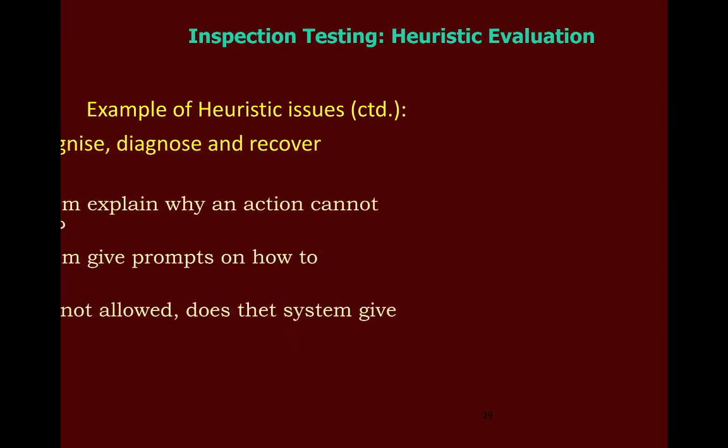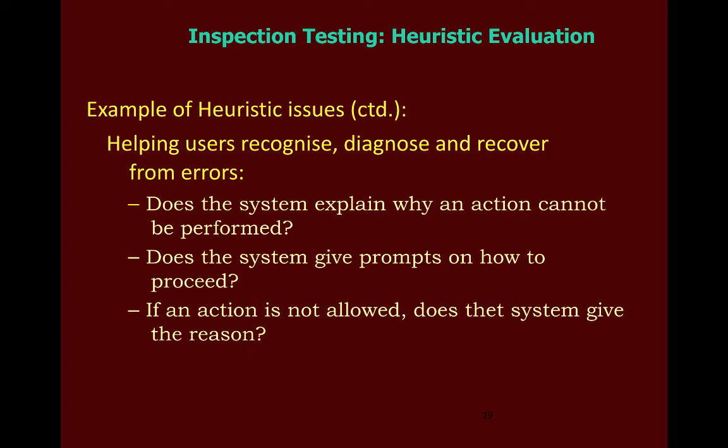Other aspects could be helping users to recognize, diagnose, and recover from errors. For example, why an action cannot be performed, or the system could give prompts about how to proceed if there's an error. For instance, the information on a form is incorrectly filled in. Can you provide a useful prompt for the user?